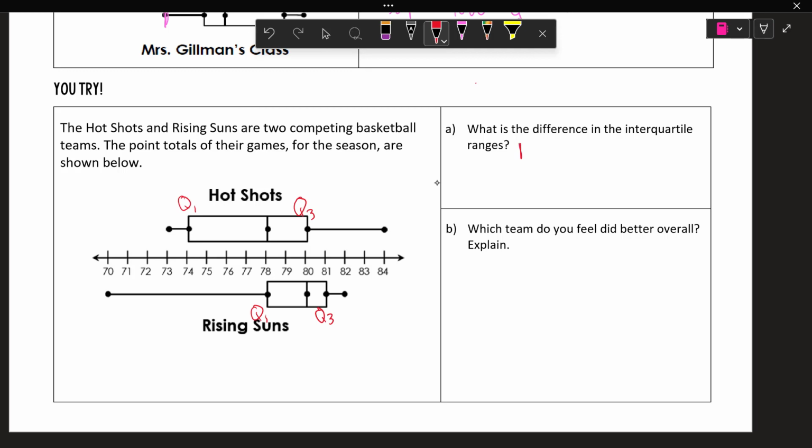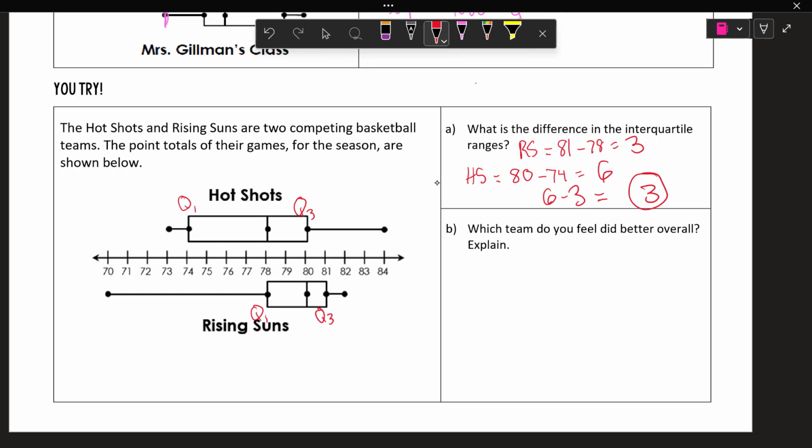So for the Rising Suns, Q3 is 81, Q1 is 78, so 3. The Hot Shots, we got 80 for our Q3 minus Q1, which is 74, so 6. And then to find the difference in the two interquartile ranges, we just subtract them again, and the difference is 3.